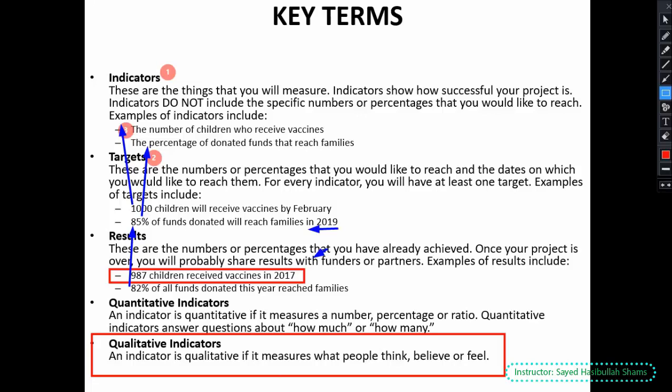We cannot easily analyze these indicators, and this type of indicator needs a lot of time, resources, and an expert person to analyze the data.